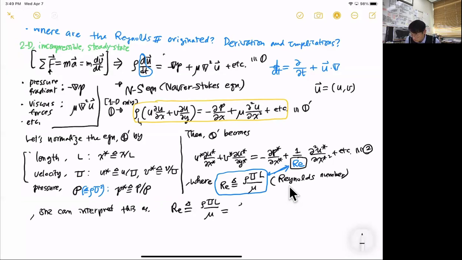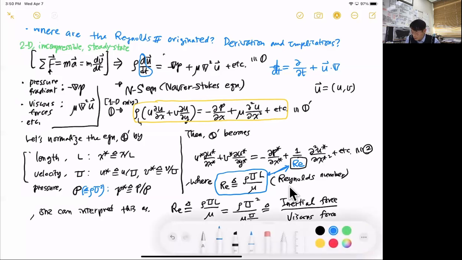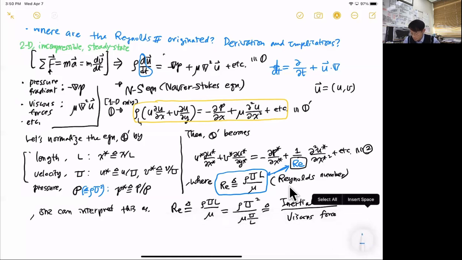So it becomes rho U squared divided by mu times U over L, and you can be familiar with this: it is in fact inertia force divided by viscous force.